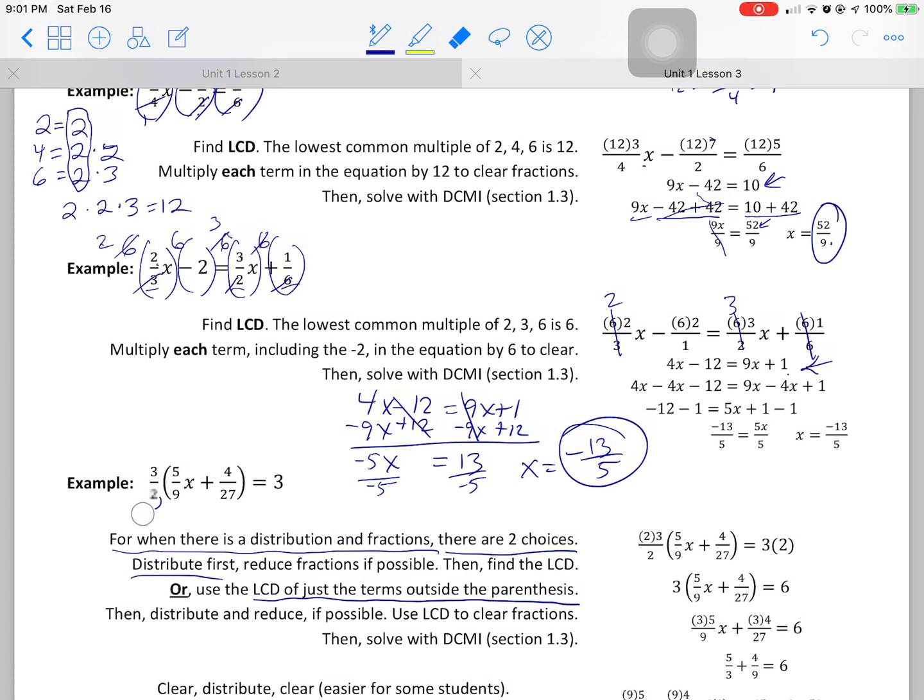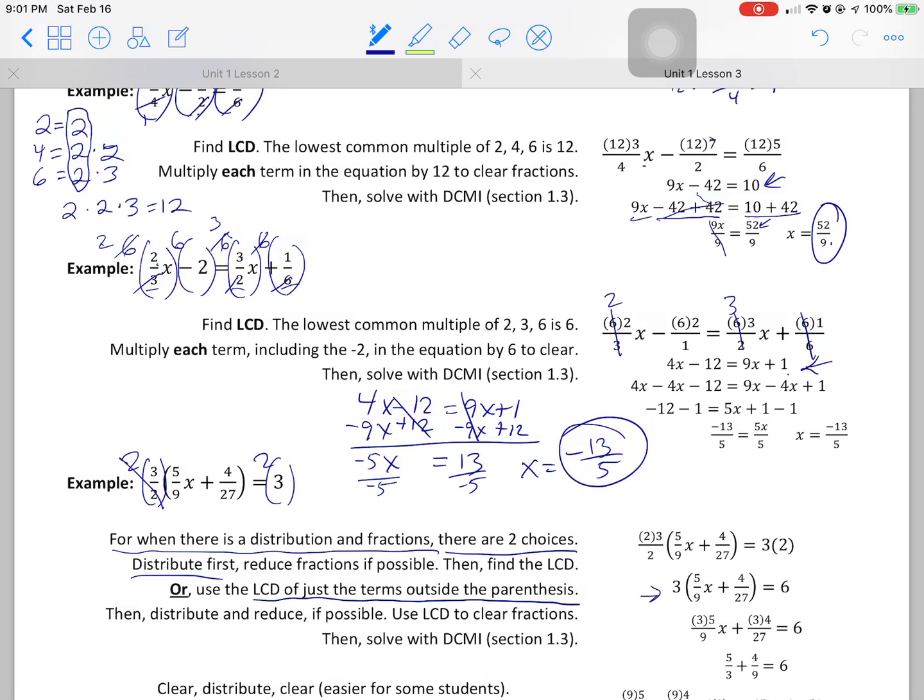So it's much easier just to use a 2 and clear some of the fractions here. If you multiply this by 2 and this by 2, you're going to get the 3 and the 6.